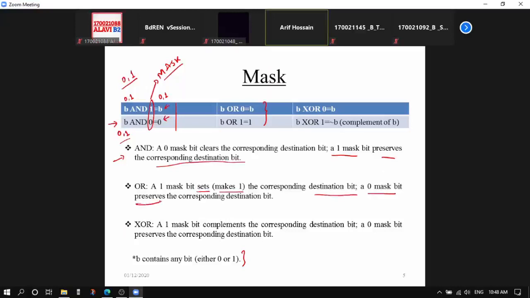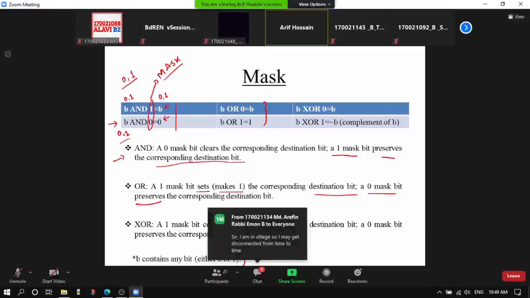This is similar to AND, but there is a slight difference. In case of AND, your 1 mask bit preserves the destination bit, and in OR operation, your 0 mask bit will preserve the destination bit. Is it okay? Yes, sir. Okay.